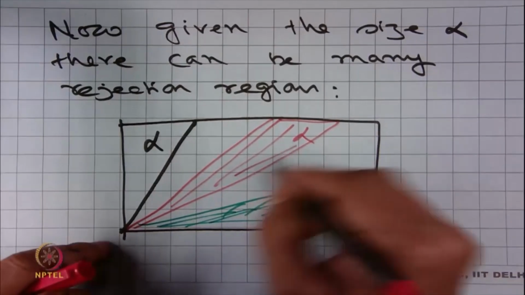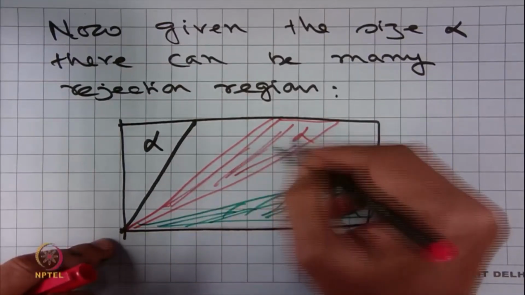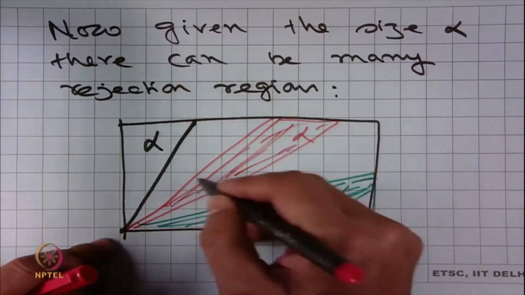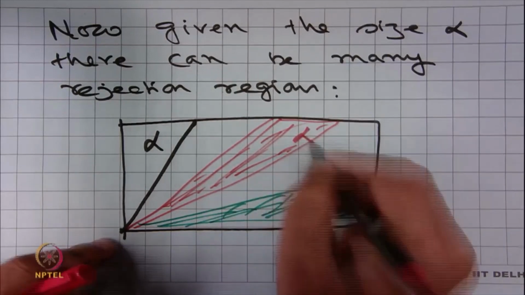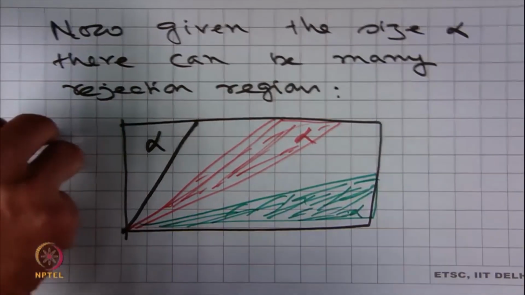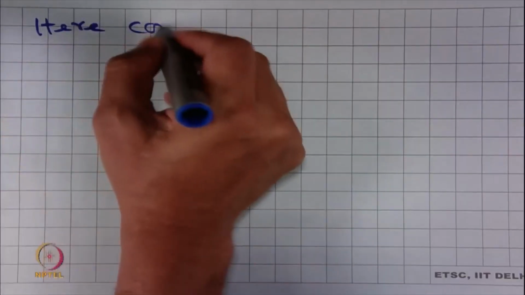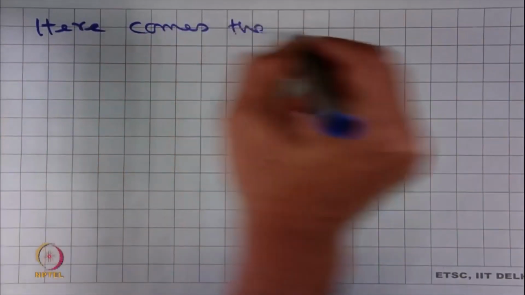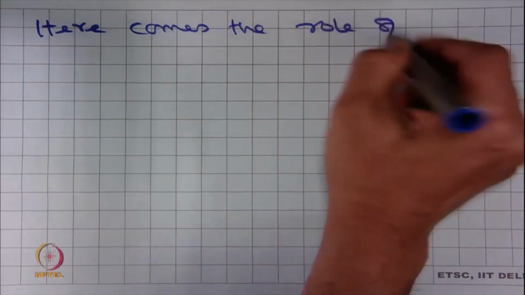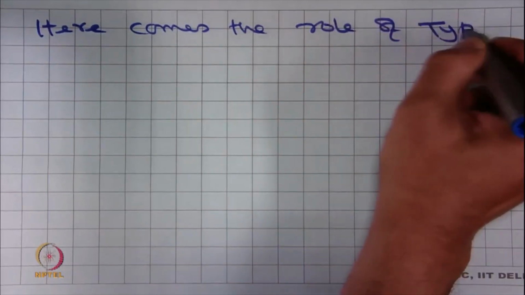So, all three are alpha. Which one should we take? That is the question. Here comes the role of type 2 error.